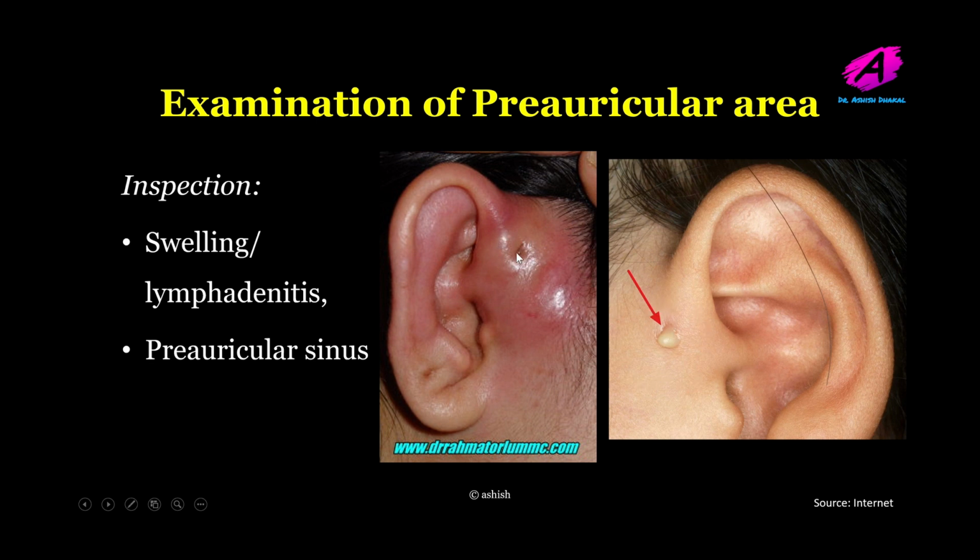But in this case, the opening of the sinus is blocked and there is an inflammatory process going on. So this is an infected preauricular sinus. In these cases, you may have to drain the abscess or collection first, and then in the second stage you will have to treat the preauricular sinus per se.